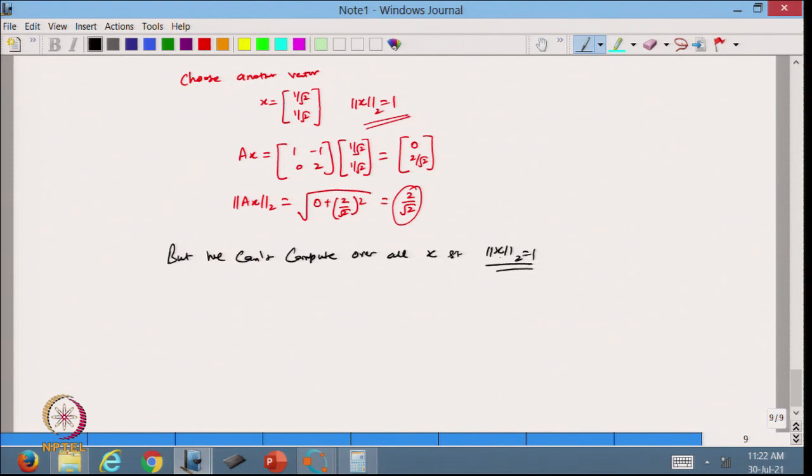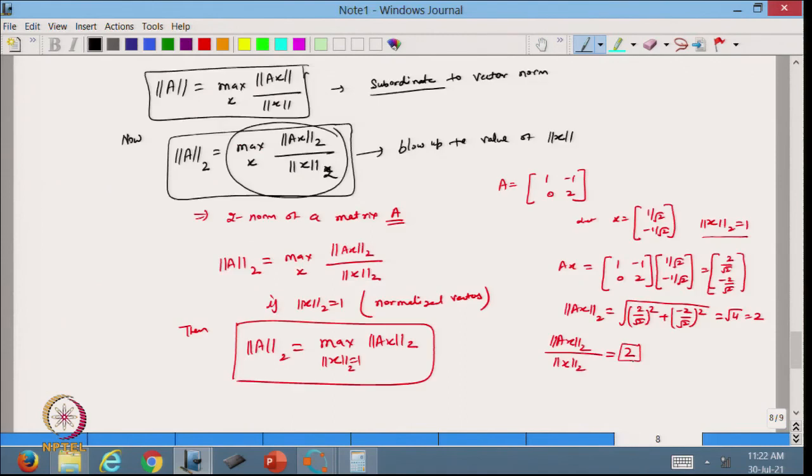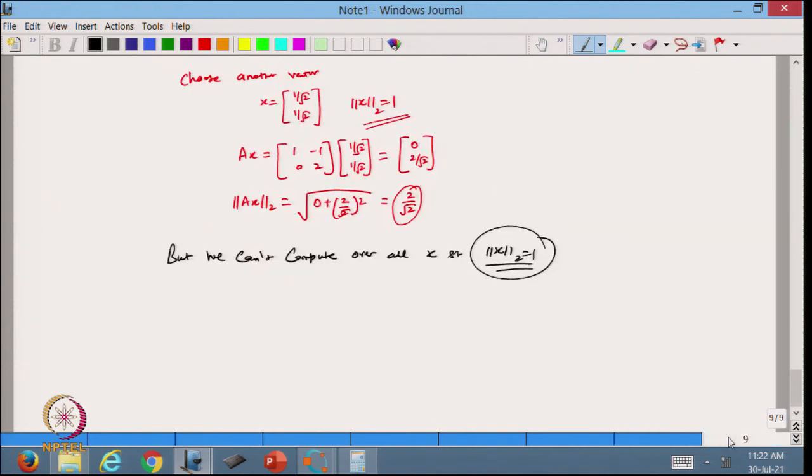So, we cannot compute this for all x, but ultimately we are reaching toward its maximum value, and whatever the maximum value is, that will be the 2 norm in this case. This concept is okay, but it is not possible for us to find all these vectors x whose norm is 1 and then find these values. So, let us define how we can take the 2 norm in this case.